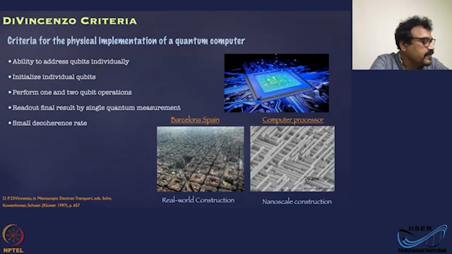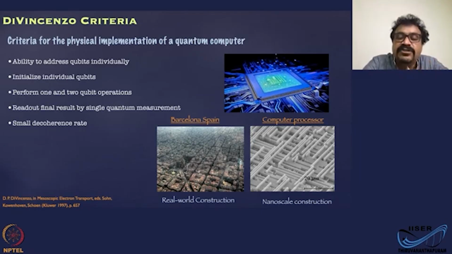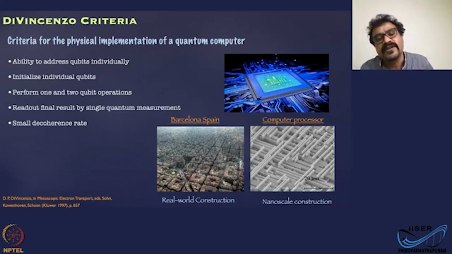So first of all, you should be able to address these qubits individually. If I want to read certain qubits, or if I want to tell a qubit to go from state 1 to state 2, I should be able to address it individually. This is important for initializing the qubit. So I should be able to initialize each qubit, putting in everything as 1 or everything as 0, whatever state I want.